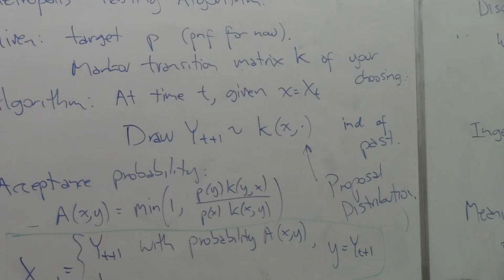So you could ask some questions. Irreducible? Well, you could just impose some conditions on K. Just make K positive everywhere. Then you can get anywhere.